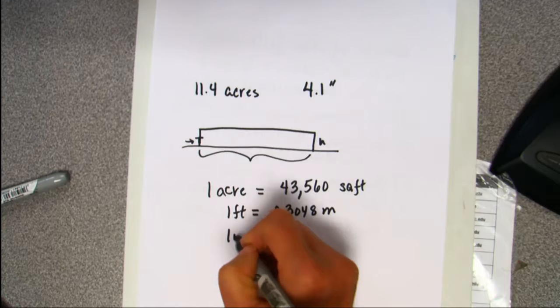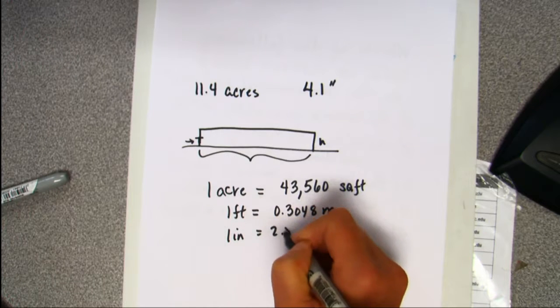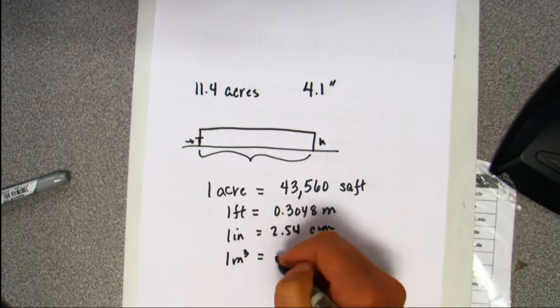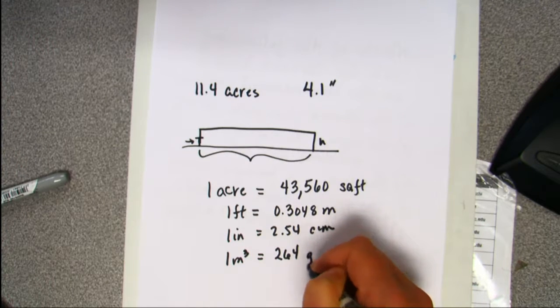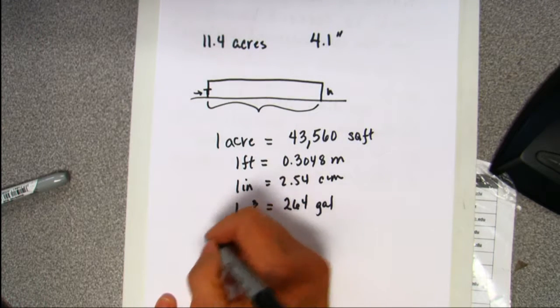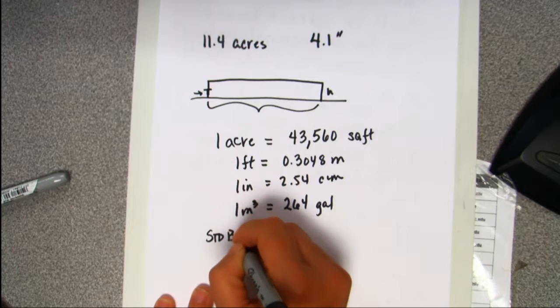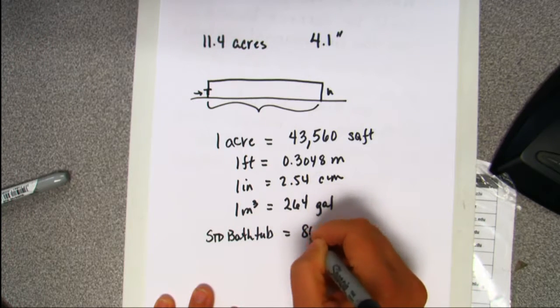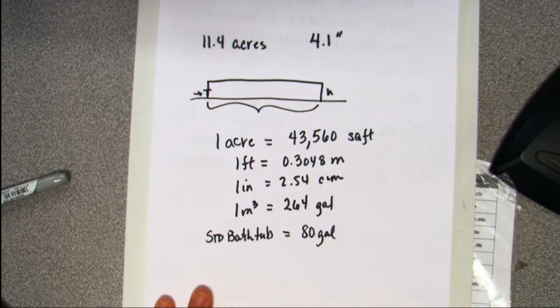And we know that 1 inch is equal to 2.54 centimeters. And 1 cubic meter is equal to 264 gallons. And to put this in perspective, a standard bathtub is 80 gallons, because we all have a pretty good estimate of what a bathtub looks like. A standard bathtub is 80 gallons.